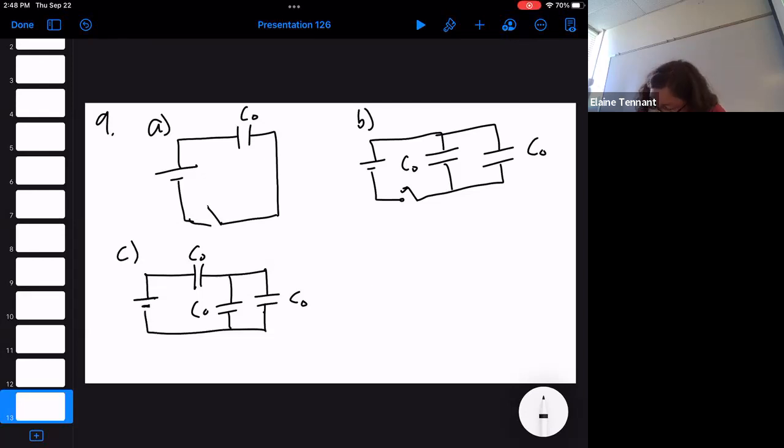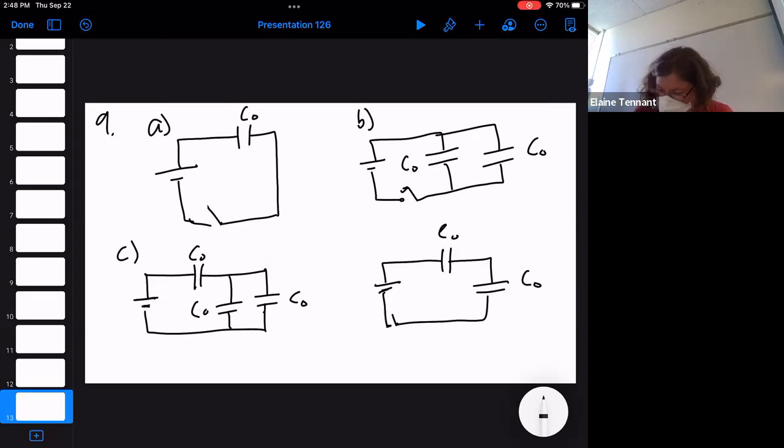And fourth configuration: 2 capacitors like this. Okay, same battery on each of these, and these are all identical capacitors.